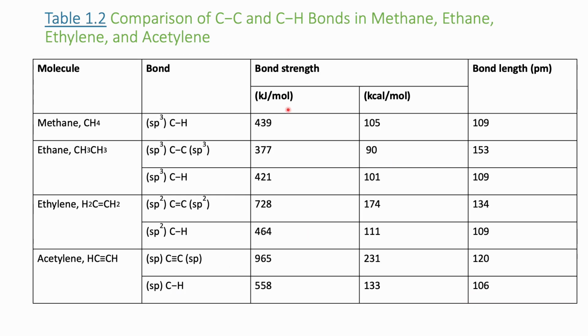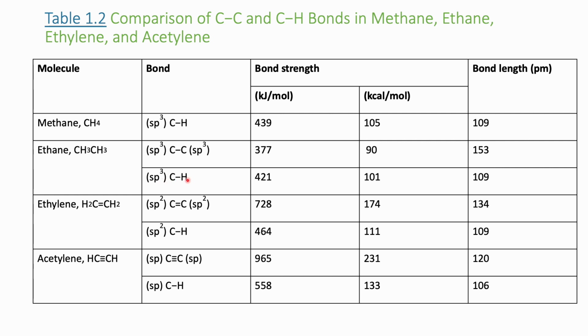So this is just a comparison of the different types of bonds that we see specifically in methane, ethane, ethylene, and acetylene. Here in methane, all we have are sp3 C-H bonds. So we have just 1 number for each of these for the bond strength and the bond length. In ethane, we have single sp3 overlapping carbon-carbon bonds.